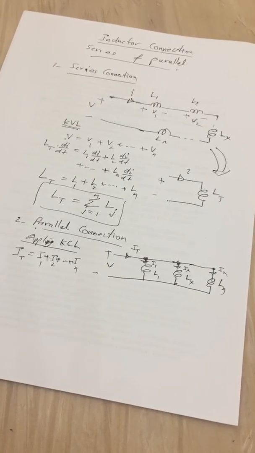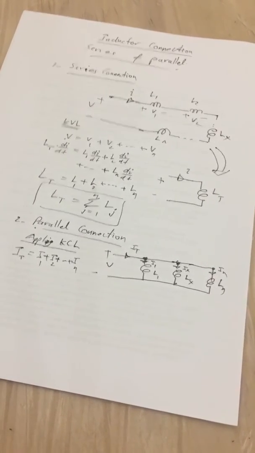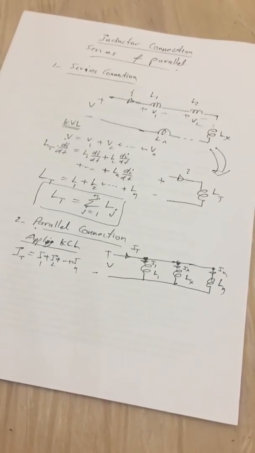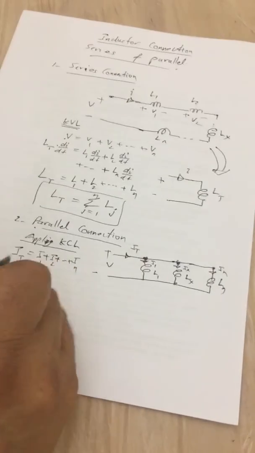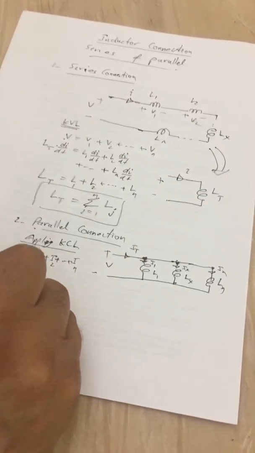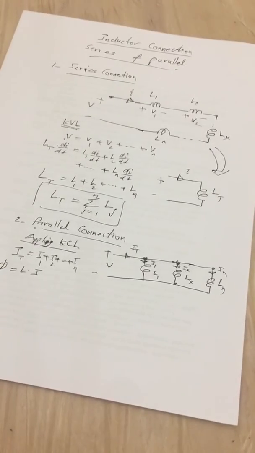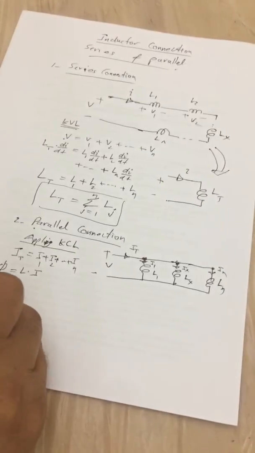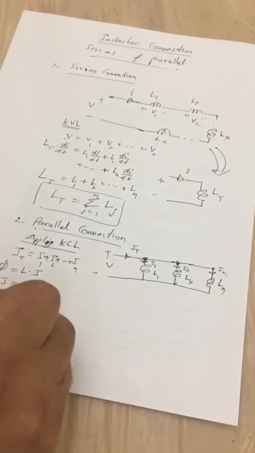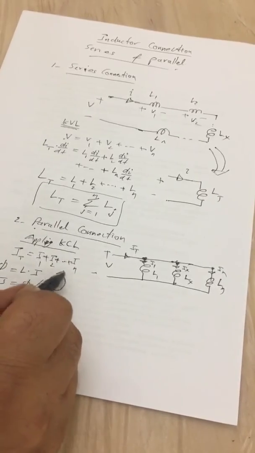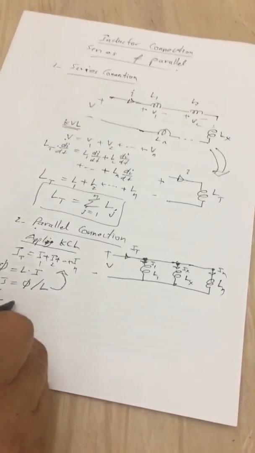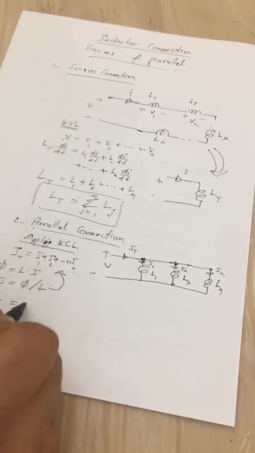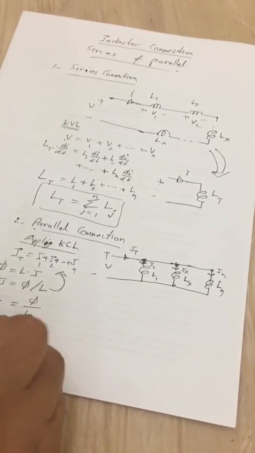Now, based on this, what is I total here? If we look at the basic law, we know that flux equals L times I, which means that I equals flux divided by L. So we apply this here. I total equals flux divided by L total, equals flux 1 divided by L1.